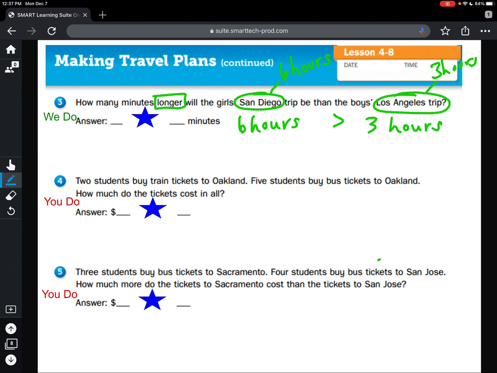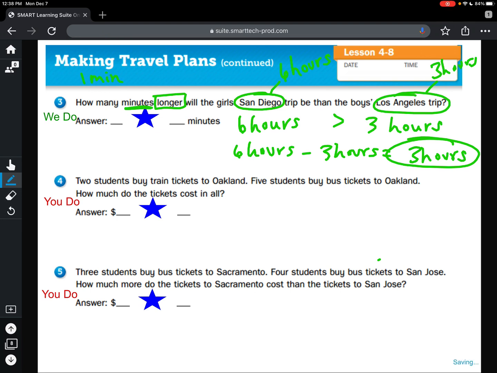It's twice as much, right? What's the difference between 6 hours and 3 hours? 3 whole hours. That means the girls' trip is twice as long. Is 3 hours our answer? No. It wants to know how many minutes. So you're going to have to convert hours to minutes.